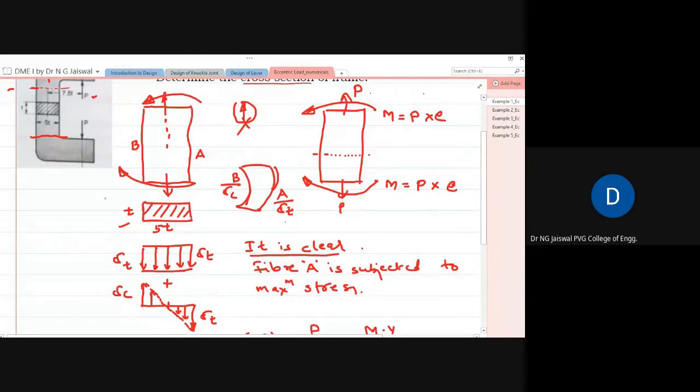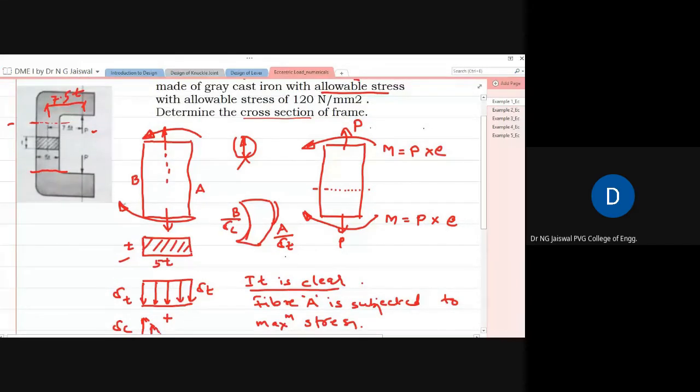So if you see from the top, this figure, this is that section from the top. I am drawing it here again. This section, right?